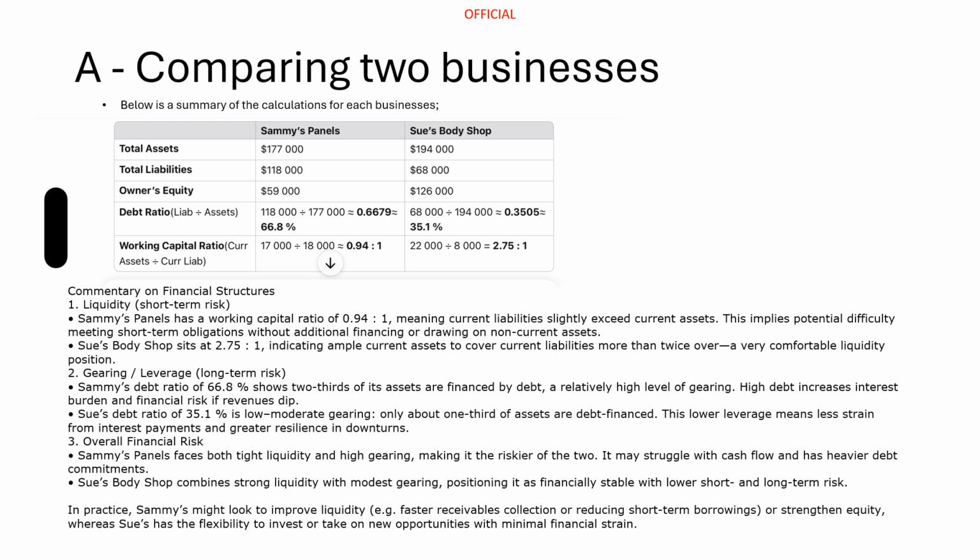Number two is gearing. Sammy's has a high debt ratio of 66.8%, meaning two thirds of its assets are funded by debt, increasing financial risk. Sue's has a lower debt ratio of 35.1%, suggesting moderate debt use and less financial strain.